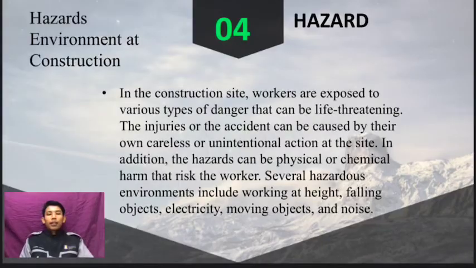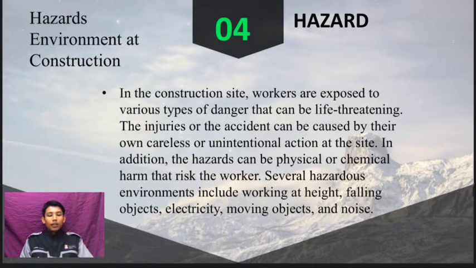Next part is hazard. I would like to explain about the hazardous environment at construction. In the construction site, workers are exposed to various types of danger that can be life-threatening. Injuries or accidents can be caused by their own carelessness or unintentional action at the site.